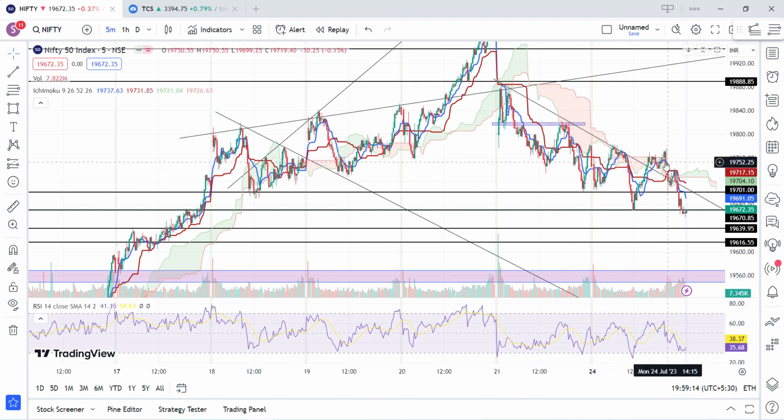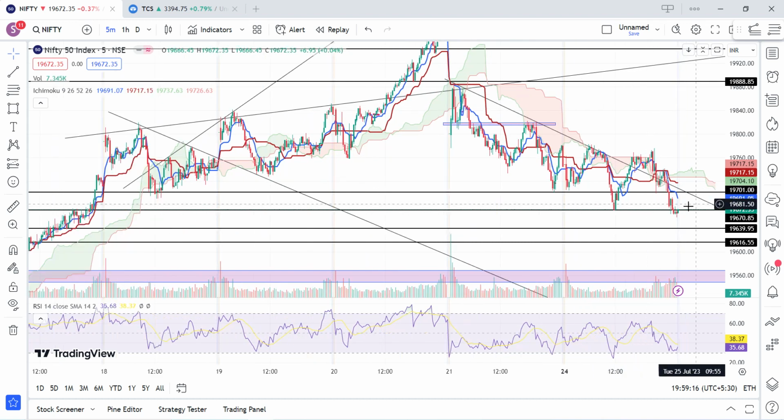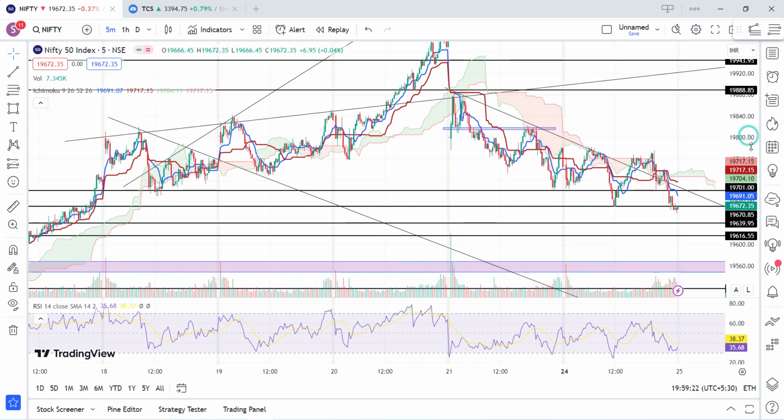Even today, the 24th, it crosses and again goes back, so it will be in corrective mood, but no problem. I will end up my session with green, that means profit.